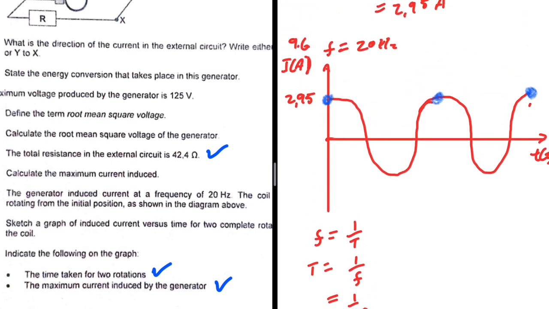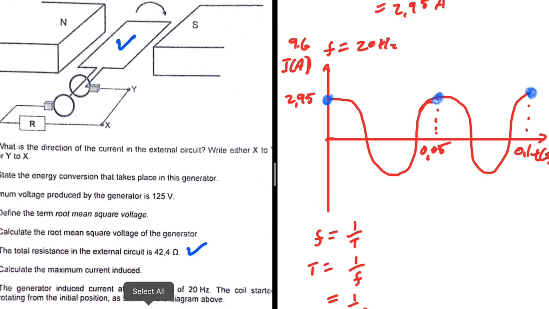So the time taken to complete the 2 rotations will be 0.05 multiplied by 2, because the period is for 1 complete cycle. So if you multiply by 2, we get 0.1. So here we have 0.05 and there we have 0.1. So there we go. That is question 9, electrodynamics.